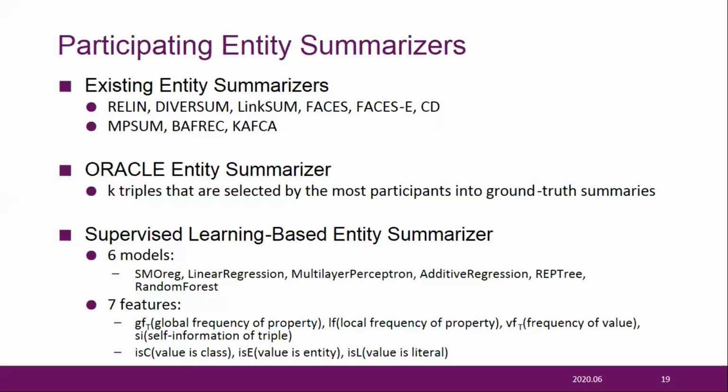We implement 6 point-wise learning to rank models provided by Weka and use 7 features to describe each tuple. 4 of these features are used by existing anti-summarizers, and we also add 3 binary features. I'll introduce the details later.